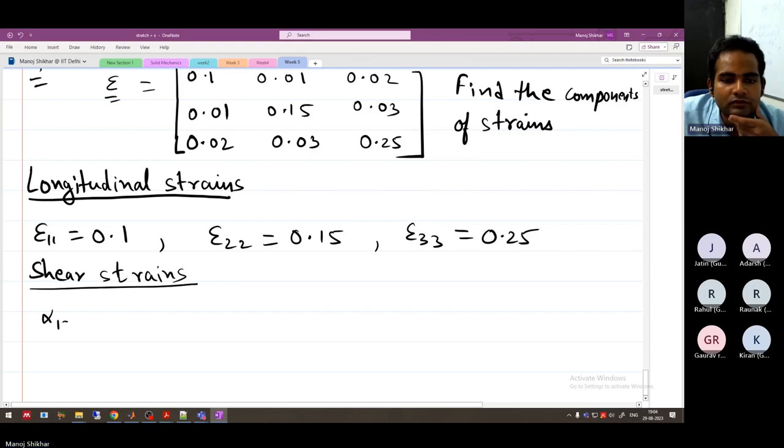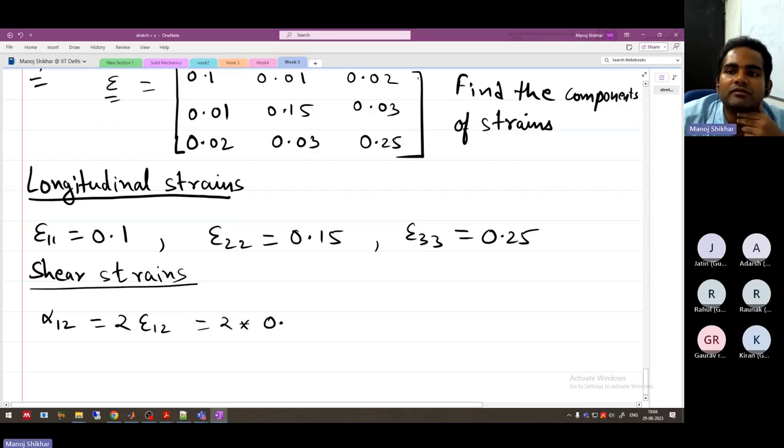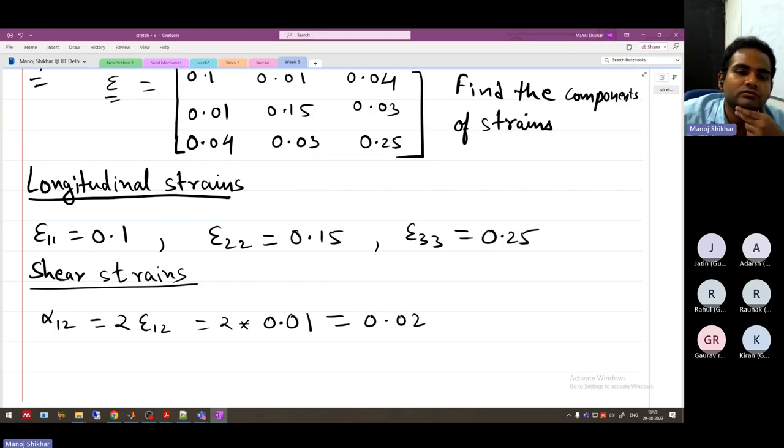alpha 1 2 will be 2 times epsilon 1 2. Maybe I should write it in percent, because I don't want people to get confused here. So the answer is 2 into 0.01, so 0.02.